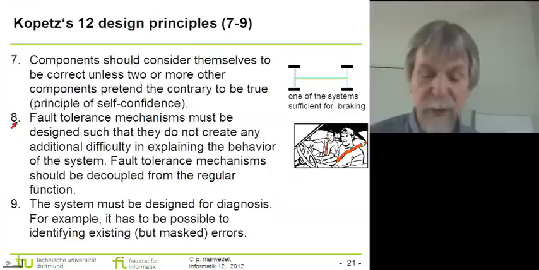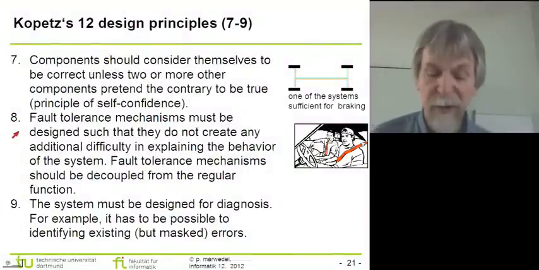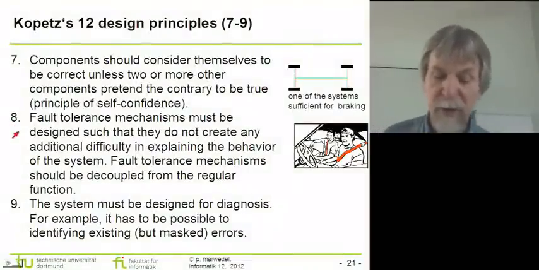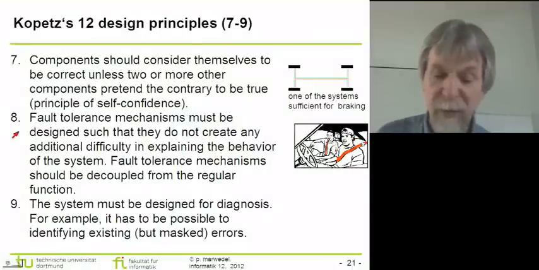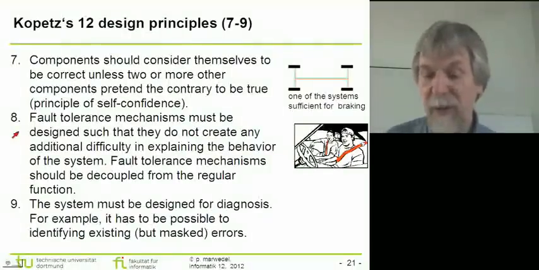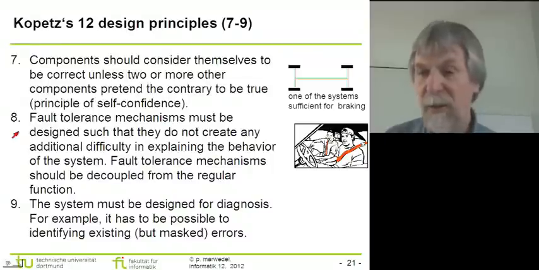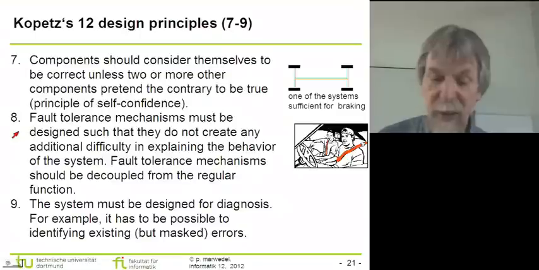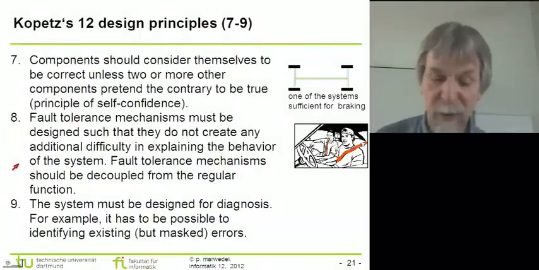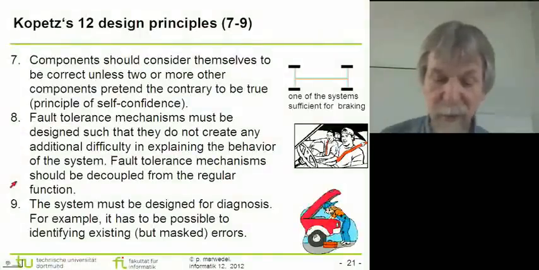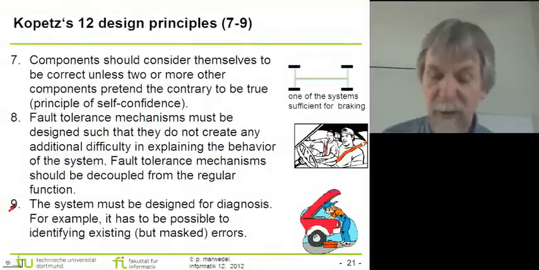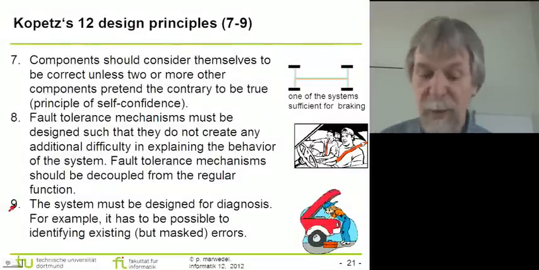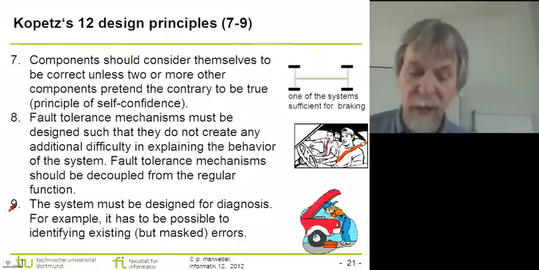Furthermore, fault-tolerant mechanisms must be designed so that they do not create any additional difficulty in explaining the behavior of the system. So that means that the users of the system should not have to bother with the impact of fault tolerance. Furthermore, the system should be designed for diagnosis. That means it must be possible to figure out what errors exist.